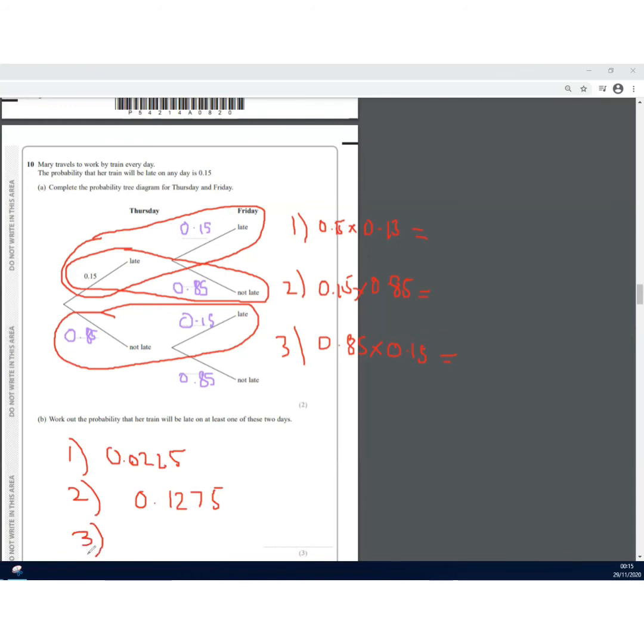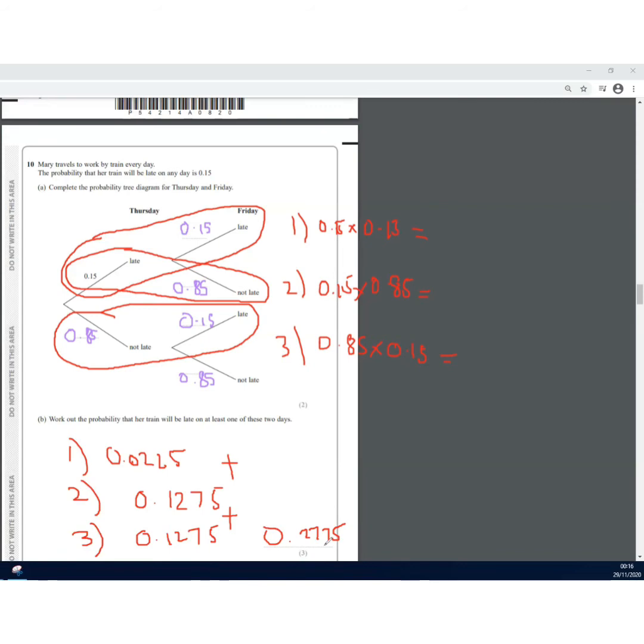And the last possibility was 0.85 times 0.15, which is the same, 0.1275. So if we add all of them together, 0.1275 plus 0.1275 plus 0.0225, that gives us 0.2775. And that's your answer for question 10B.